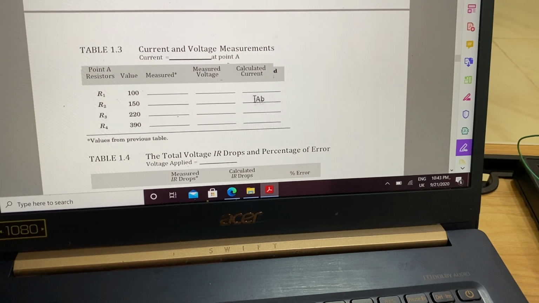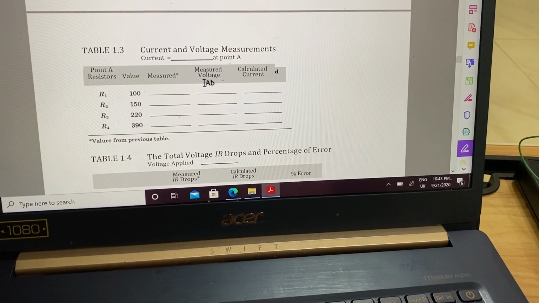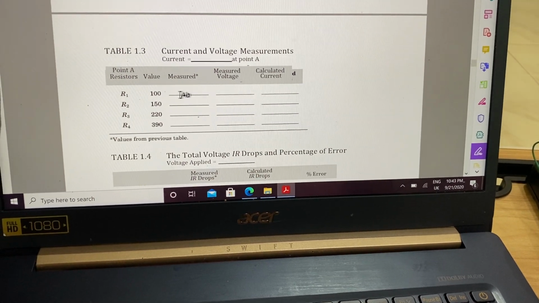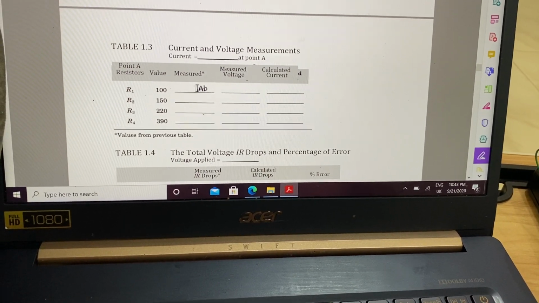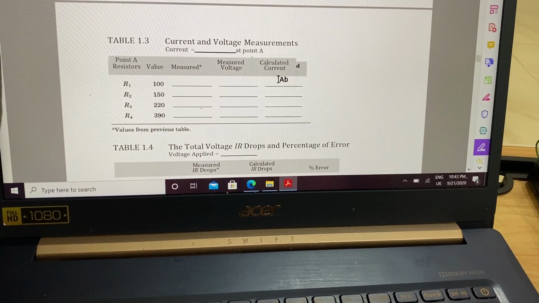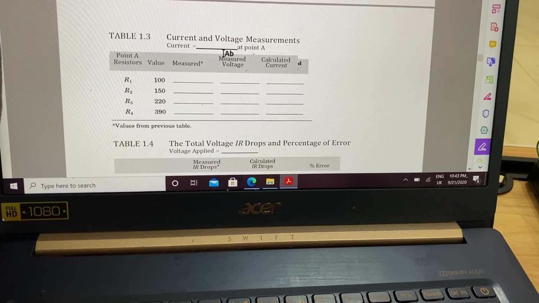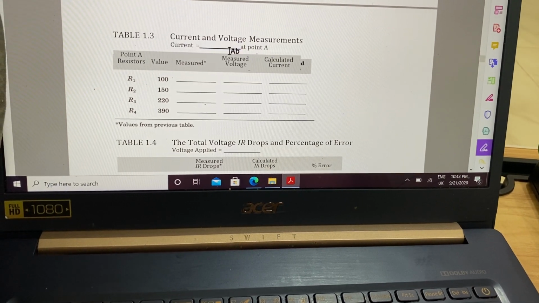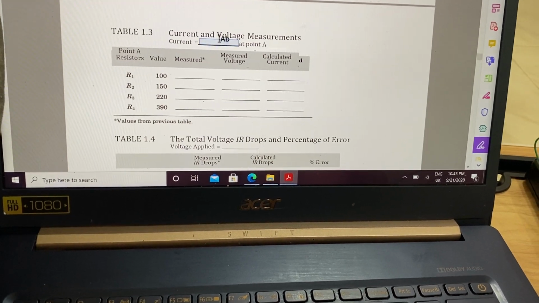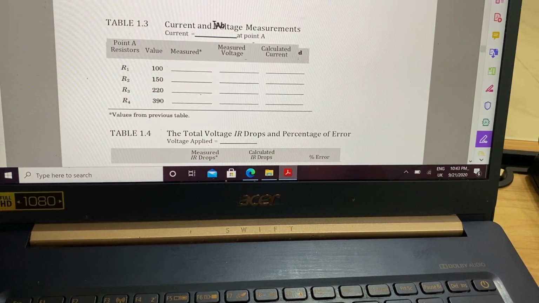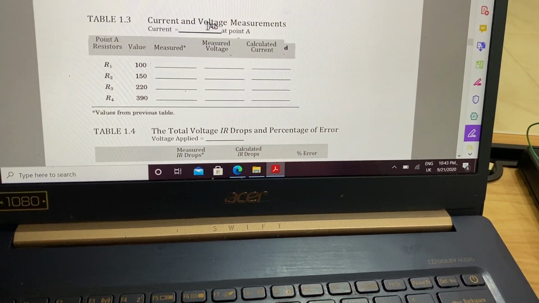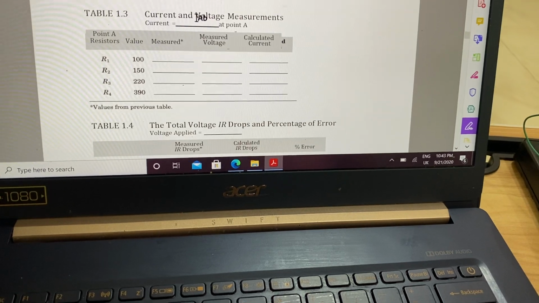You calculate the currents by dividing the measured voltage of each component by the measured resistance. The total current can be calculated by calculating the total resistance, finding out the total voltage supplied to the circuit, and dividing the total voltage by the total resistance.